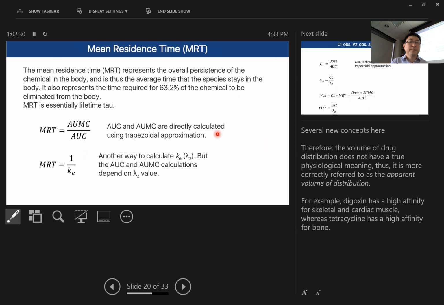So now with AUC and AUMC, we can calculate a parameter so-called mean residence time. Mean residence time represents overall persistence of the chemical in the body, the average time that species stay in the body.